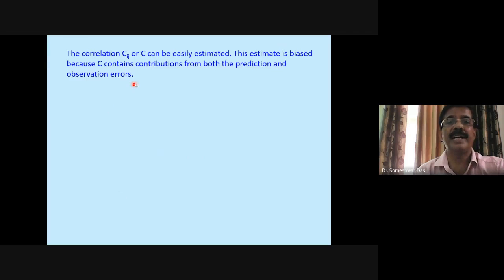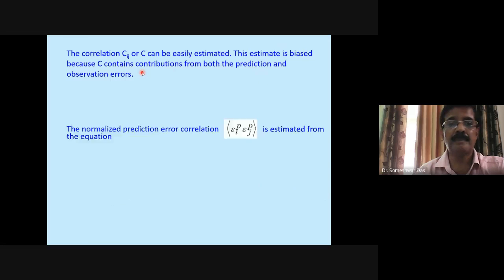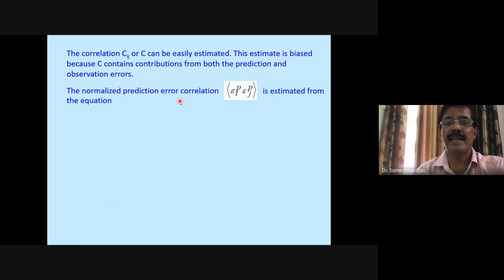The correlation Cij or C can be easily estimated. This estimate is biased because C contains contributions from both the prediction and observation errors. The normalized prediction error correlation, this epsilon IP times epsilon JP, is estimated from the equation.